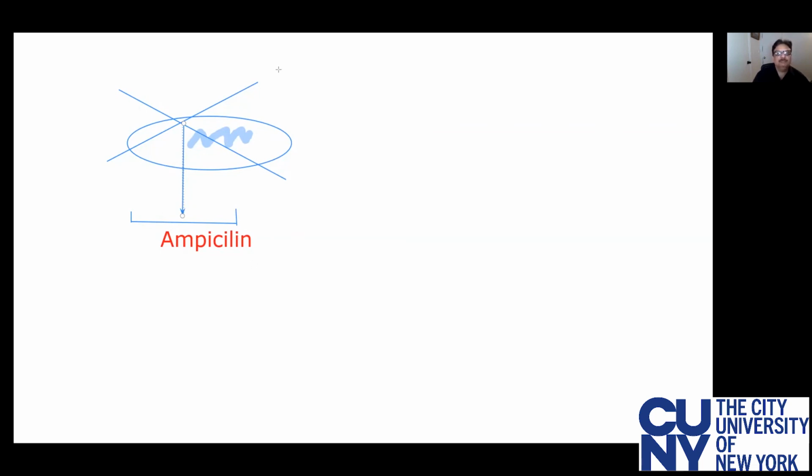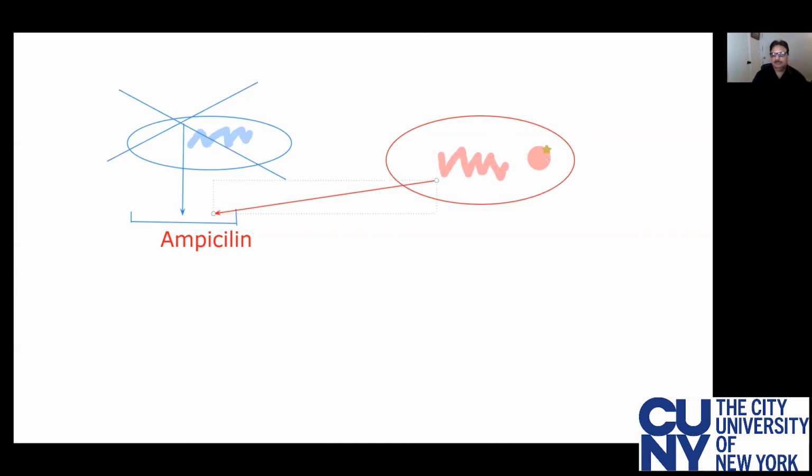On the other hand, if we take a bacteria that, in addition to the main DNA, also has a circular plasmid DNA which carries an antibiotic resistance gene, then this bacteria can grow in this dish because it carries the antibiotic resistance gene.